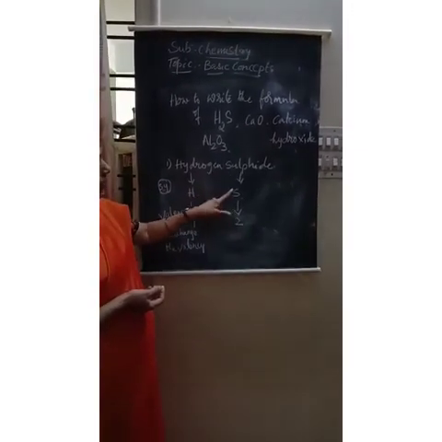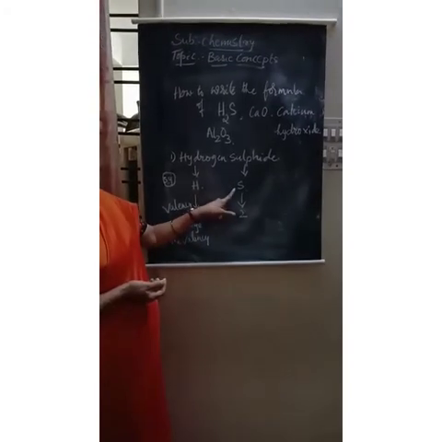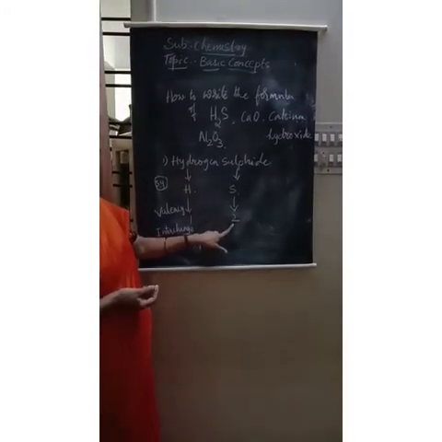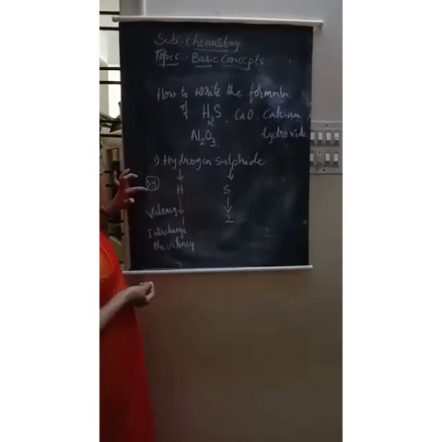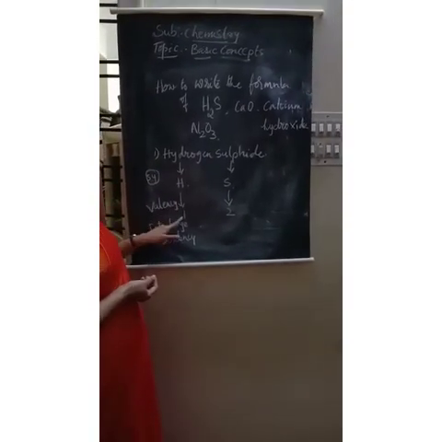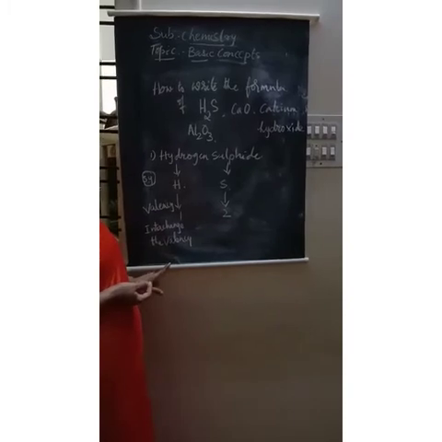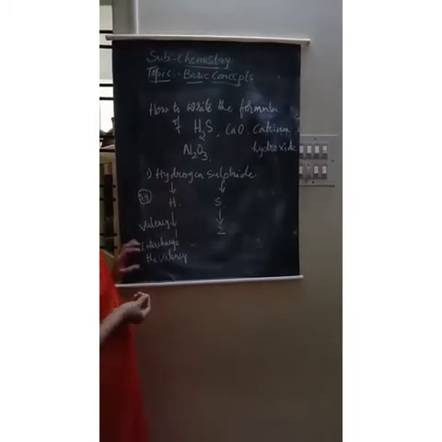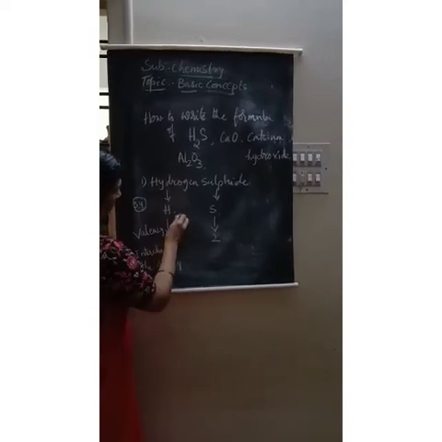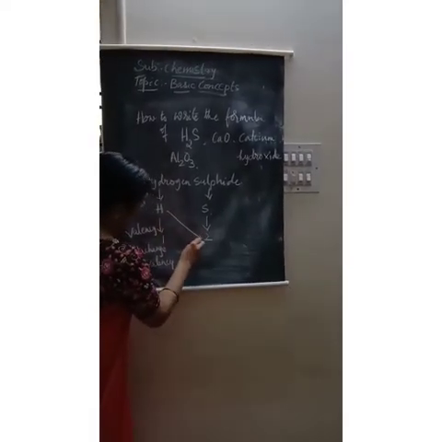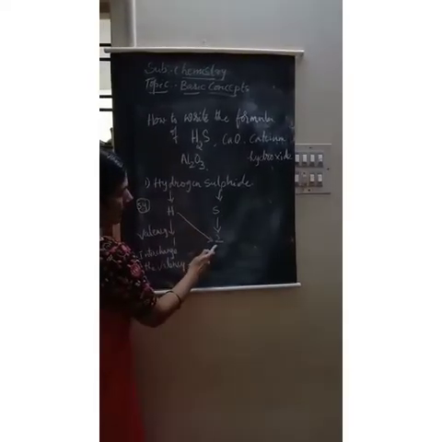Next, what is the valency of sulfur, children? It is a non-metal, so the valency is 2. First step is we have to write the symbols. Second step is we have to write the valencies. Third step is interchange the valencies. What is the valency of hydrogen? 1. What is the sulfur valency? 2.